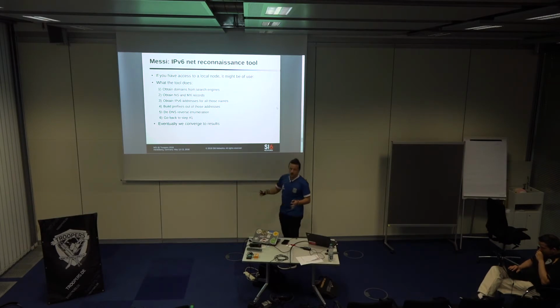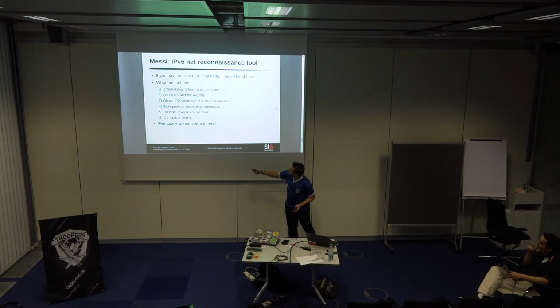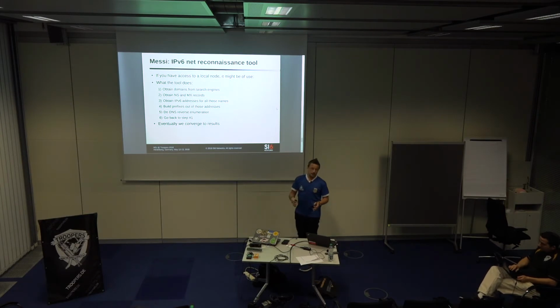So at step number 3 here, you should be able to have a bunch of addresses. Now, those addresses might already be of use, because they might correspond to sites that you are already interested in. But obviously, the idea is to get more names, get more addresses. So what you do is, from these addresses, we build prefixes.